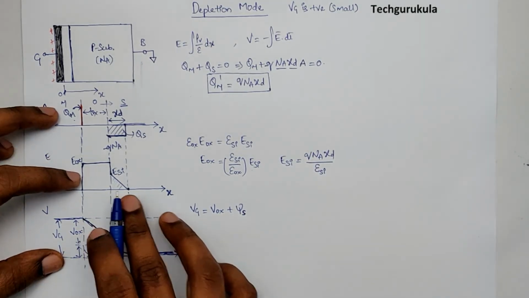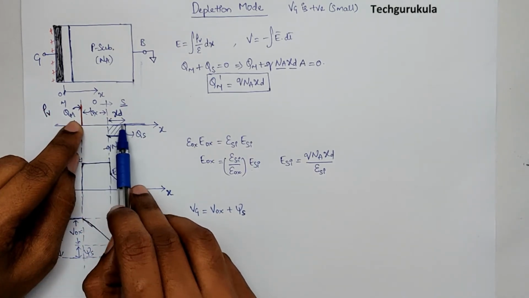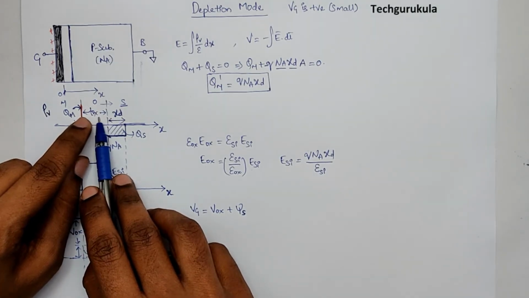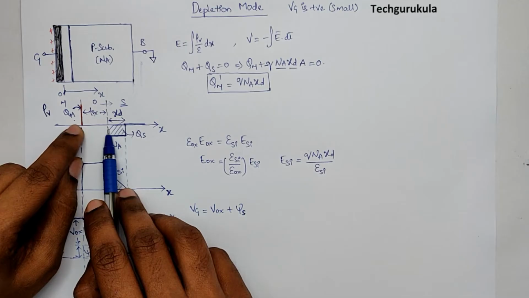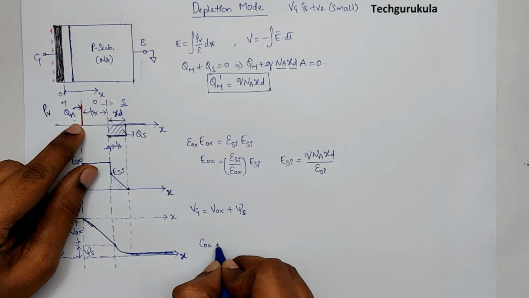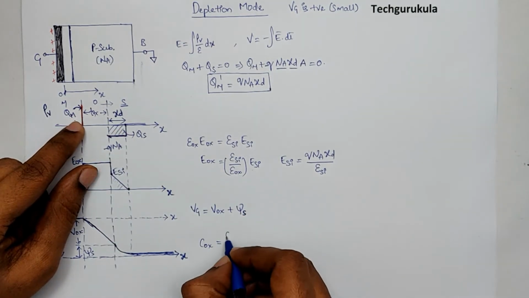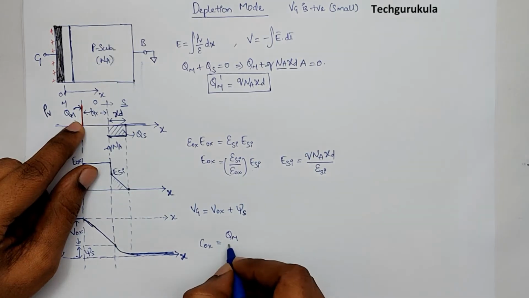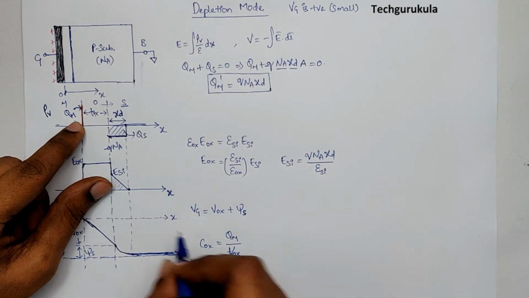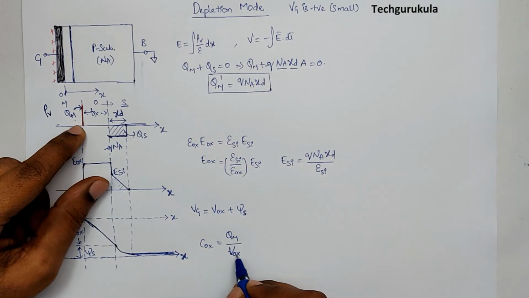Now looking at this figure, we can say that there is a positive charge and a total negative charge, both separated by a distance of Tox. We can talk about a capacitance value, which is Cox is equal to the charge separated, let me write Qm, divided by the potential across the distance. C is equal to Q by V. That's what we have done.